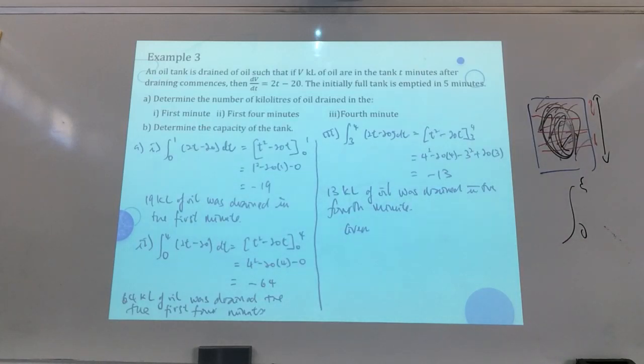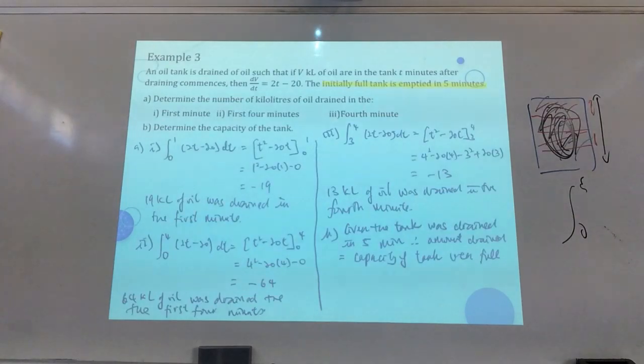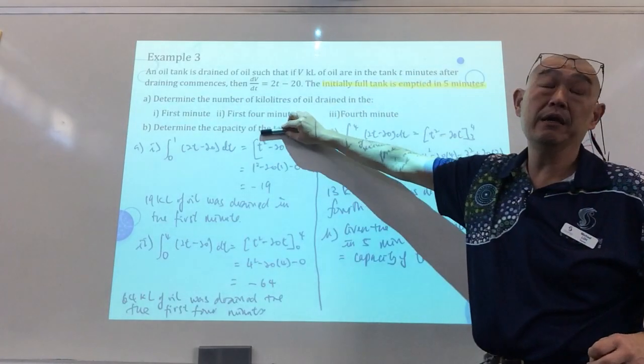Correct? I get the capacity of the tank because I know that the tank was drained in 5 minutes. So the amount drained is the same as the capacity of the tank when full. This bit of information is so important to work out part B.